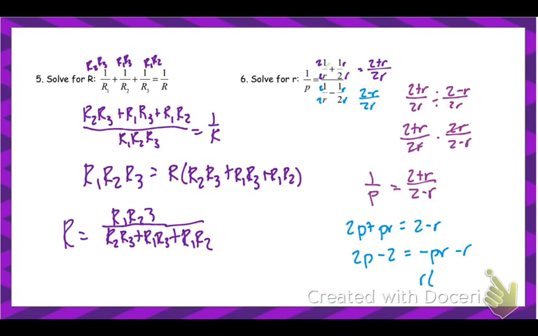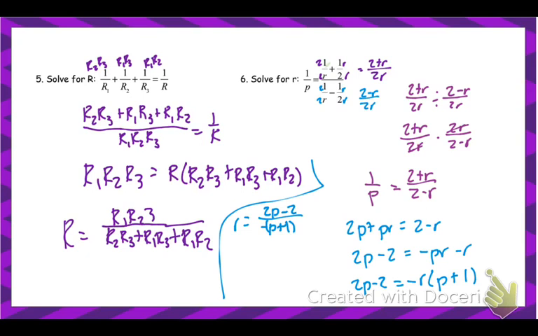Well, I guess I'll factor out a negative r so I can divide by that negative 1. So that'll be p plus 1. Then we'll go ahead and divide, and that's going to leave me, I'll move it over here, with 2p minus 2 over a negative p plus 1.